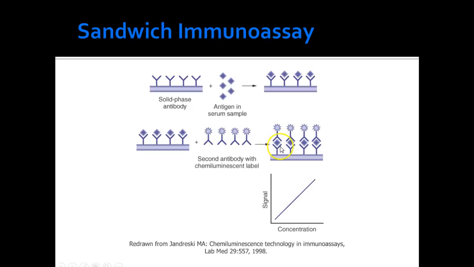You can see these fit very well over here on the side. So we get the antibody attached to the wall, the antigen, and then the antibody with the chemiluminescent label on top. The more binding that occurs in this process, the more light or color reaction is going to occur. So that's a sandwich. You can see it does look like a little sandwich.